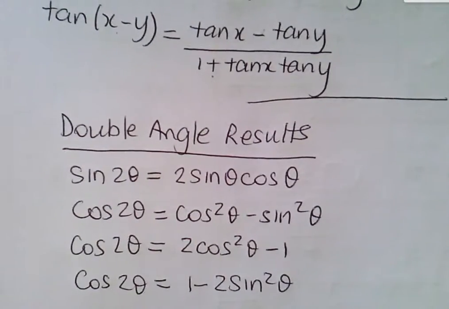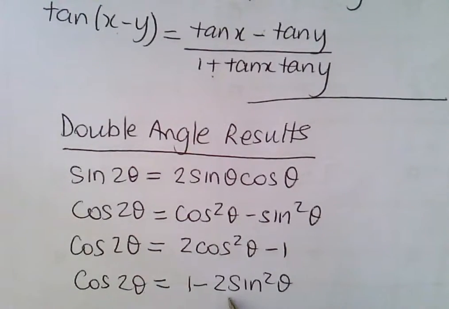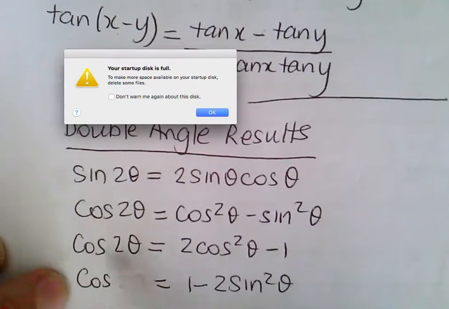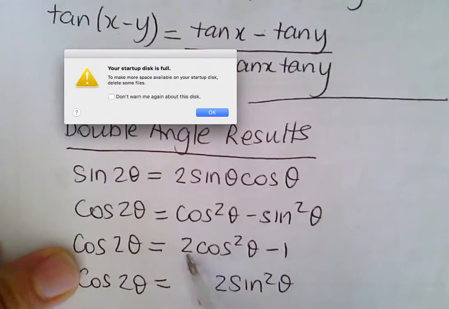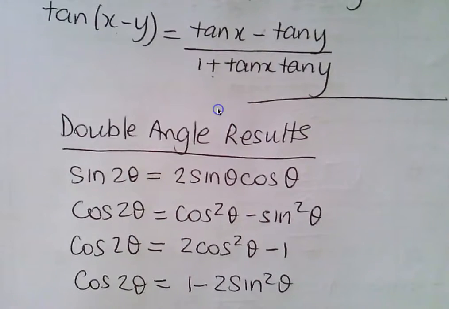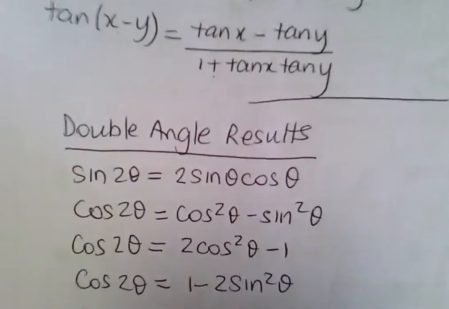Now, a lot of people get confused about which one's which. We know that these two exist, but how do you know if it's 1 minus 2 sine squared theta or 1 minus 2 cos squared theta? I say to myself, this is the double angle result for the cos, so the cos one's the one that's got the positive cos. And the sine squared has the minus in front of it because it's the cos 2 theta result.